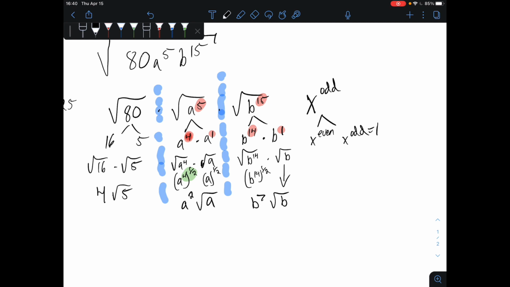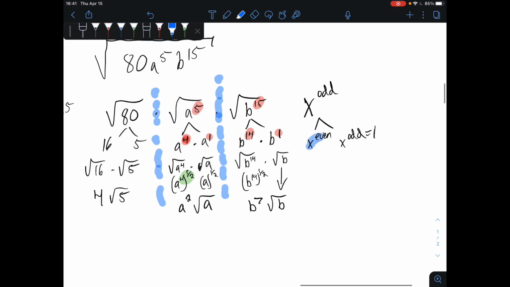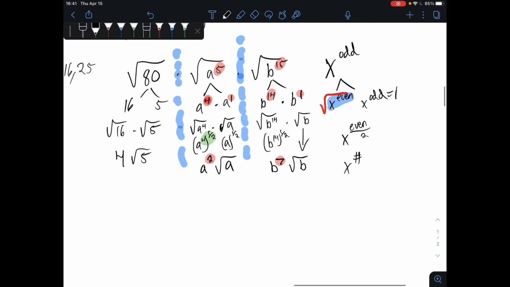And whenever we take the square root of x to our even power, essentially all we have is x to our even power over 2, which is just going to give us another even power, but we still get x to this nice whole number. In this case we got 7, and in the other case we got 2, so we get this nice number that we can work with easily and doesn't look anything like a fraction or a radical even.